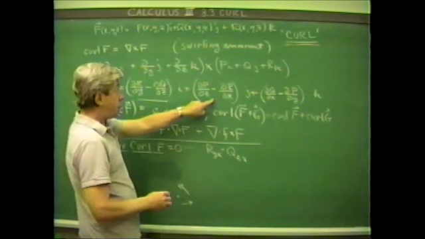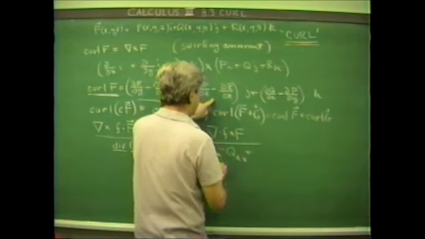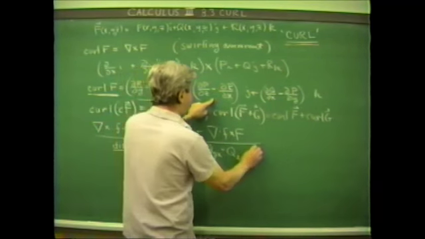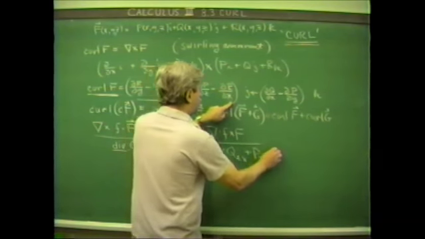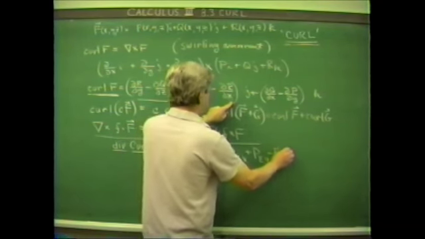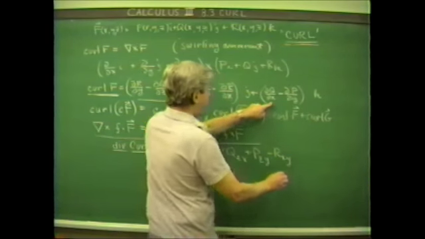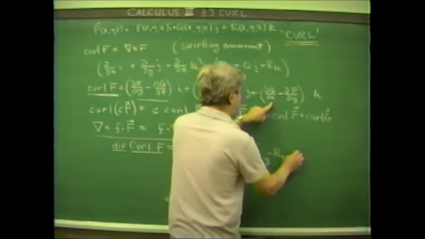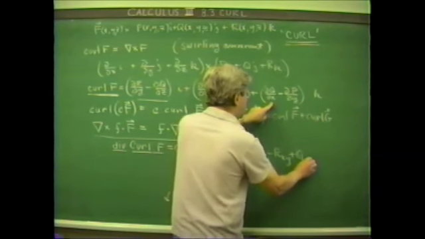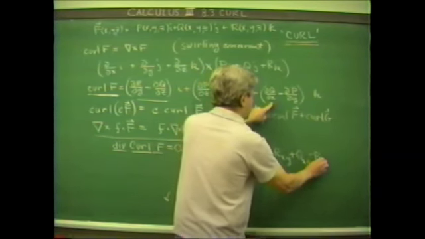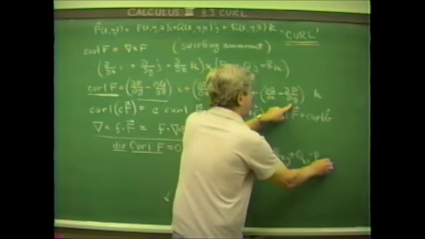Now we take the partial of this with respect to y, so that's the partial of p with respect to z, and then with respect to y, minus the partial of r with respect to x, and then with respect to y, and then finally here we take the partial of this with respect to z. That's partial of q with respect to x with respect to z, minus the partial of p with respect to y, and then with respect to z.